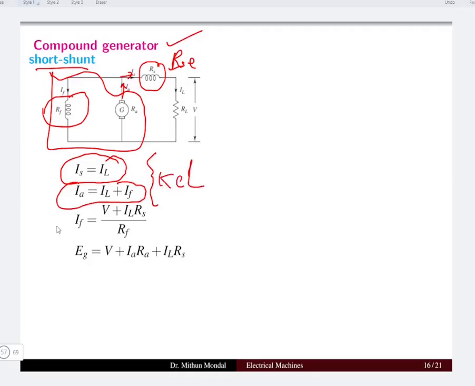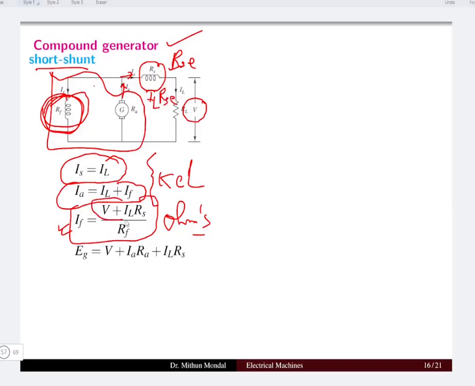If we talk about the field current, in accordance with Ohm's law, here we have the terminal voltage V across the field winding. The drop across the series field winding will be IL RAC.